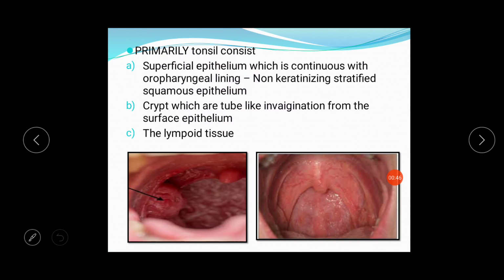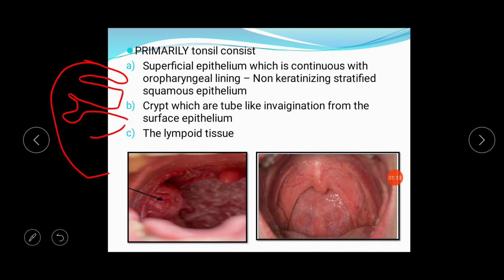Now, tonsillar tissue has crypts, which are tube-like invaginations from the surface epithelium into the lymphoid structure. And third is the lymphoid tissue of the tonsil. So, tonsils are ovoid masses of lymphoid tissue which are present in the oropharynx.